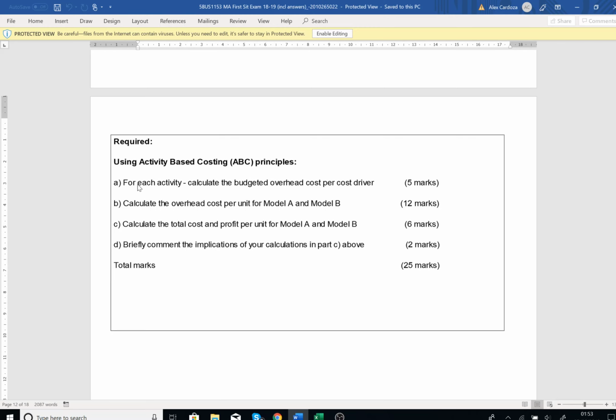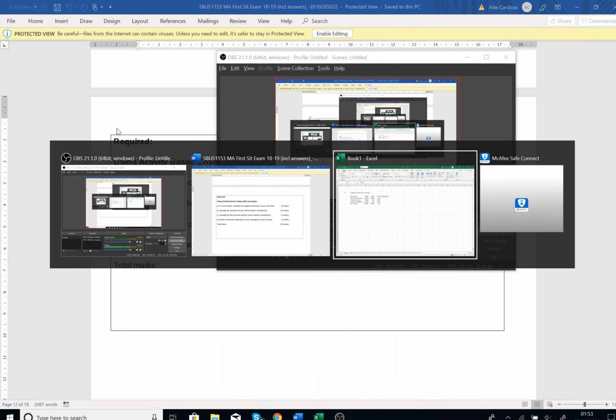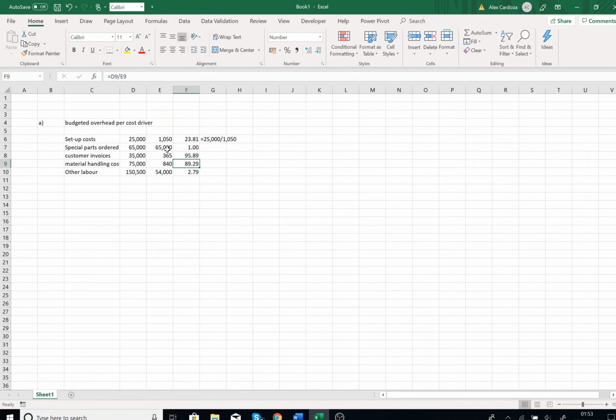So we've got these units, model A, and I'll show you how this works. You can see that 25,000 here. You'll see that on this total here, when you multiply it, it will equal 25,000 each time. But model A and model B.